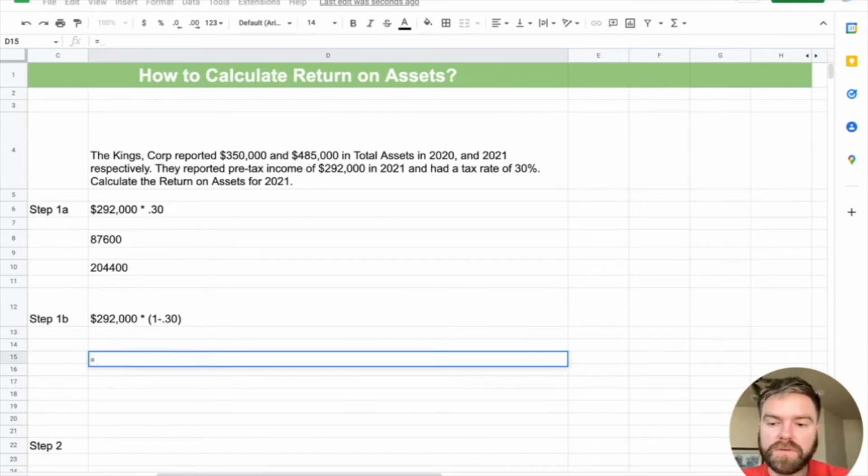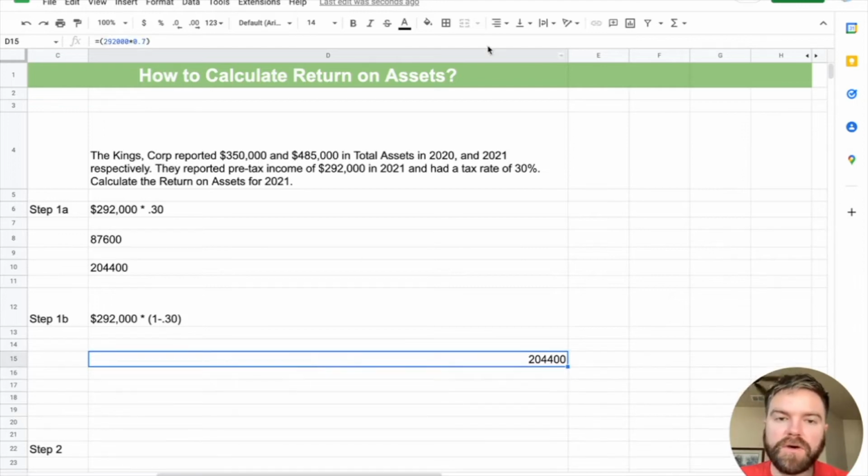So we'll say equals 292 times 1 minus 0.3, which is easy math, 0.7. And there we go. You notice it's the same exact number, but we did it quicker.